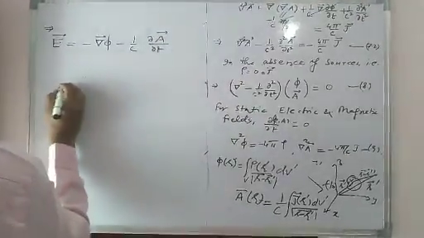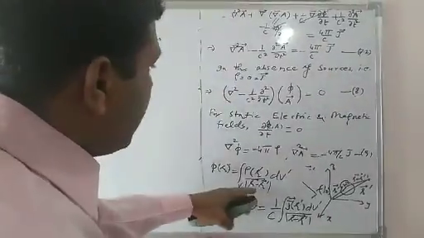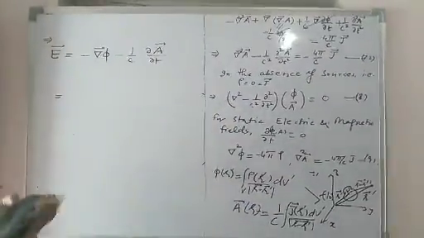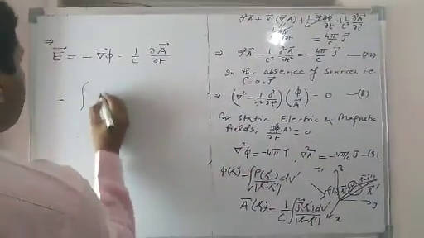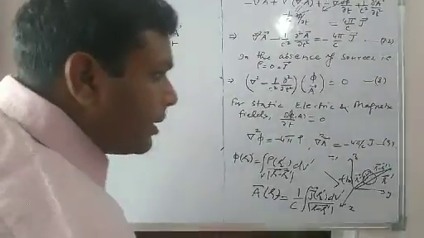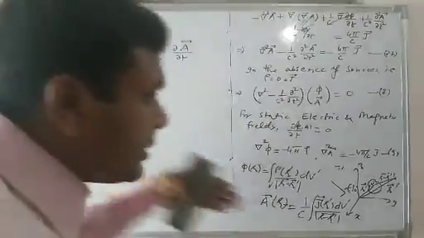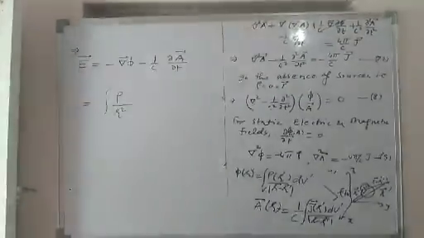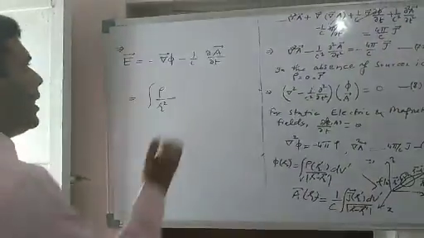So this is going to be minus gradient of φ. The gradient of φ acting on 1 over r gives 1 over r squared. So the naive guess would be this is going to be ρ upon r squared, and the direction of the electric field, because del dot E should be 0, should be pointed along the r hat vector.